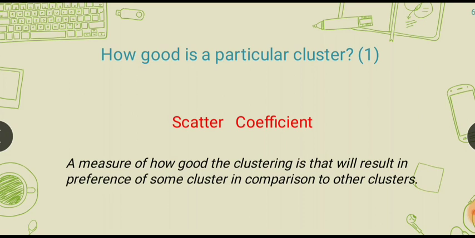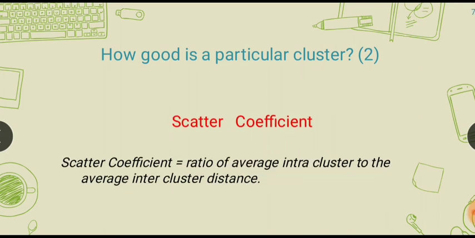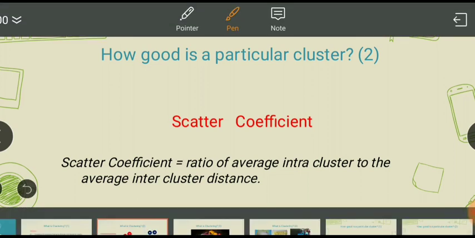Well, there's a formula to calculate this, and the formula is such that scatter coefficient is equal to the ratio of average intra-cluster to the average inter-cluster distance. What do I mean by that? Let's go to the previous image, this one.